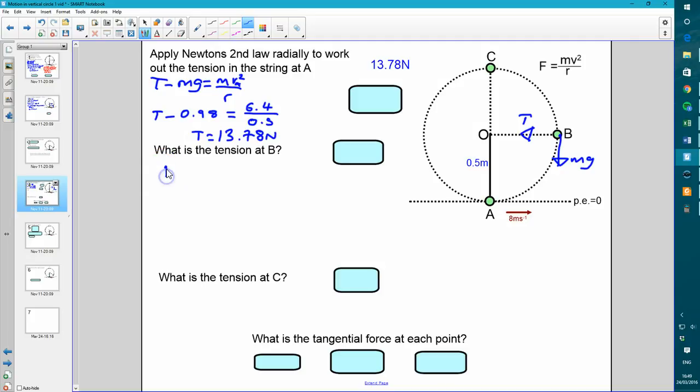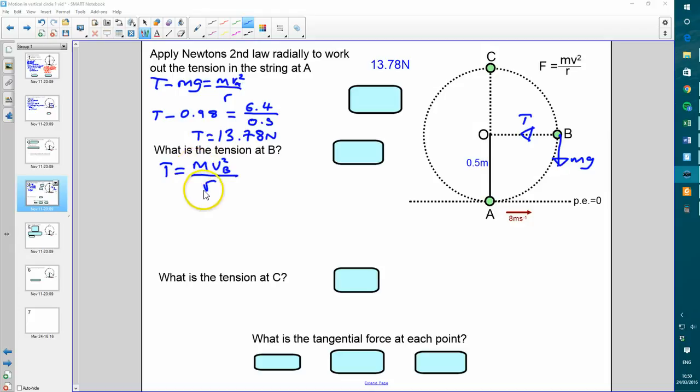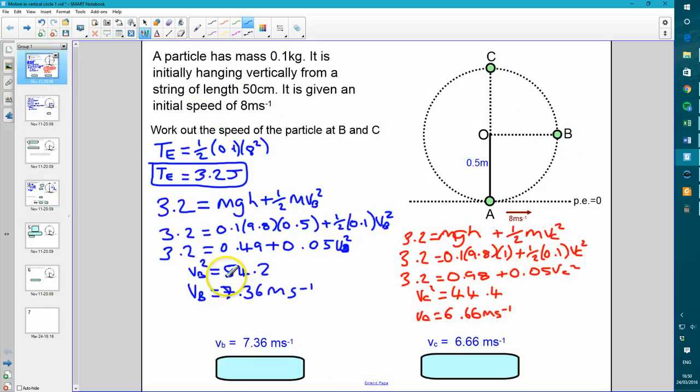So I'm going to say my tension is going to be equal to mv squared over r, so this is going to be m, and the velocity at B squared over r. Okay, so again we know the mass and the radius, and our velocity at B squared, we worked that out earlier, and it's over here, and that's a value of 54.2.